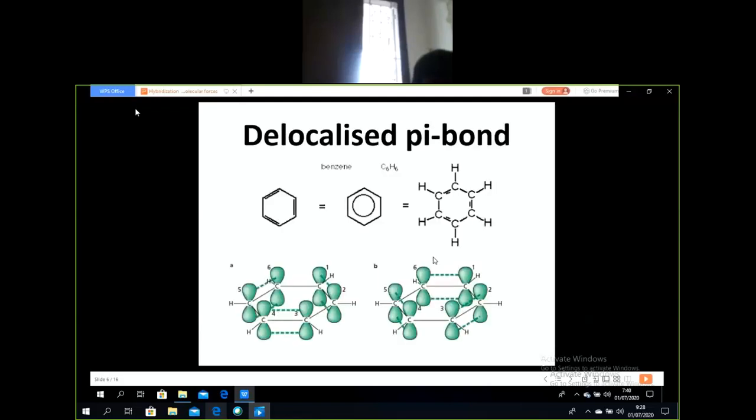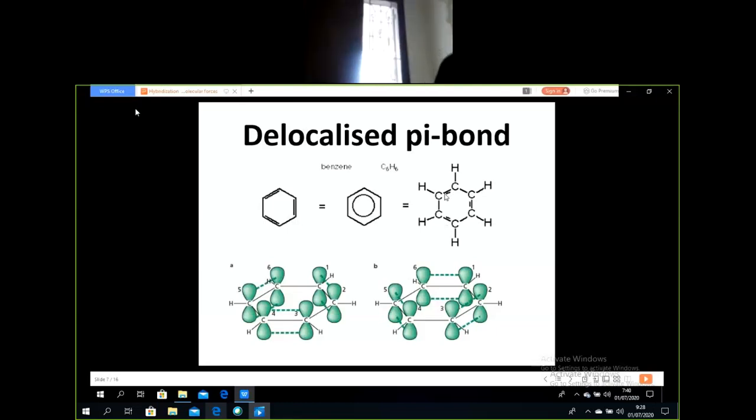Now the delocalized pi bond, it is with the structure of benzene. Benzene has the structure of three double bonds, not triple bond, three double bonds. So the double bonds are located over here, here, and here.